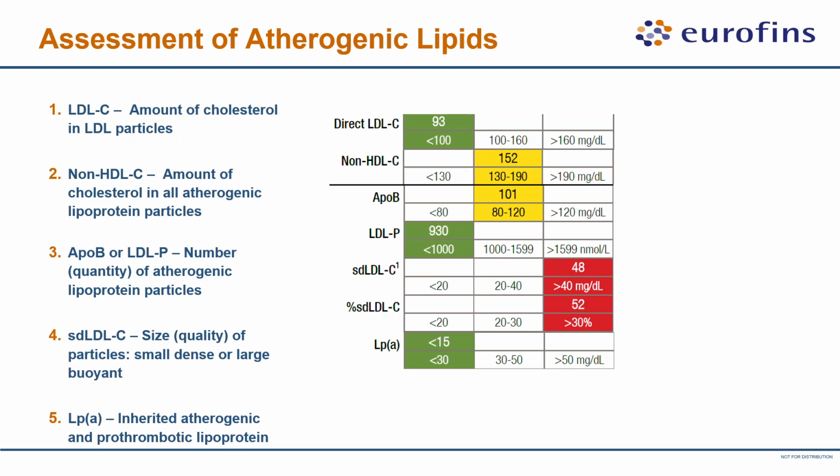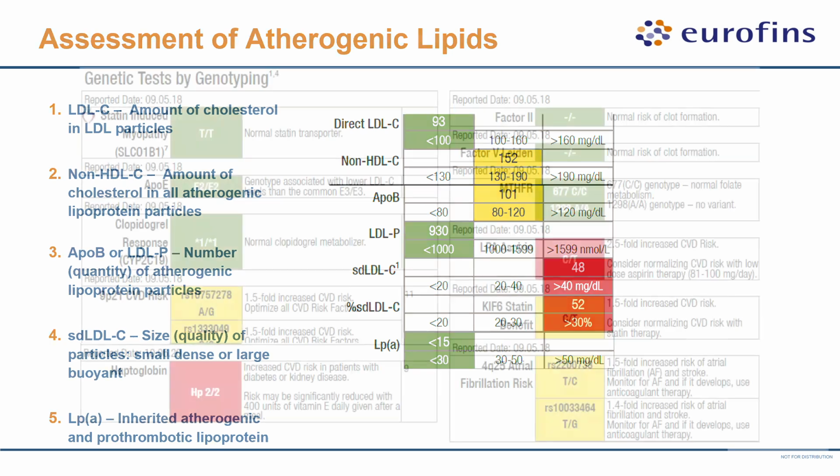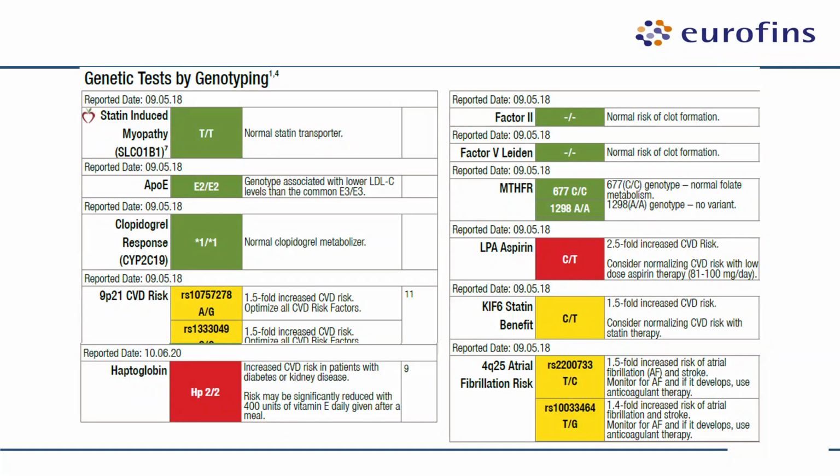And we know, of course, that traditional measurements are LDL cholesterol, non-HDL cholesterol, and ApoB, which quantifies the entire amount of atherogenic lipoprotein particles, and are helpful in risk estimates, as well as more advanced measurements, these advanced biomarkers of small dense cholesterol or lipoprotein (a).